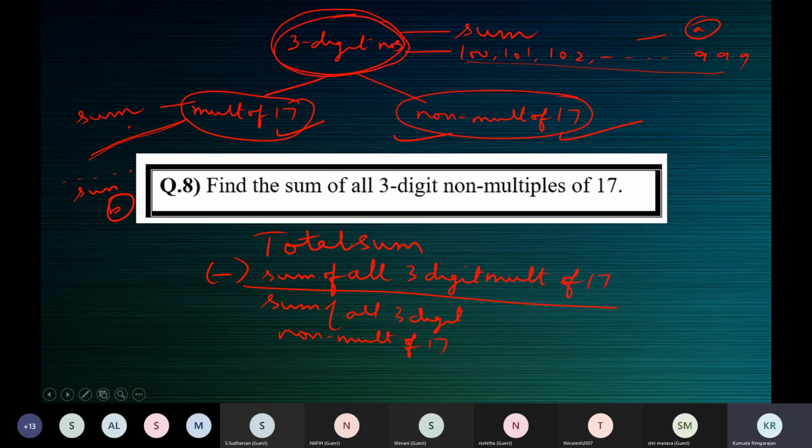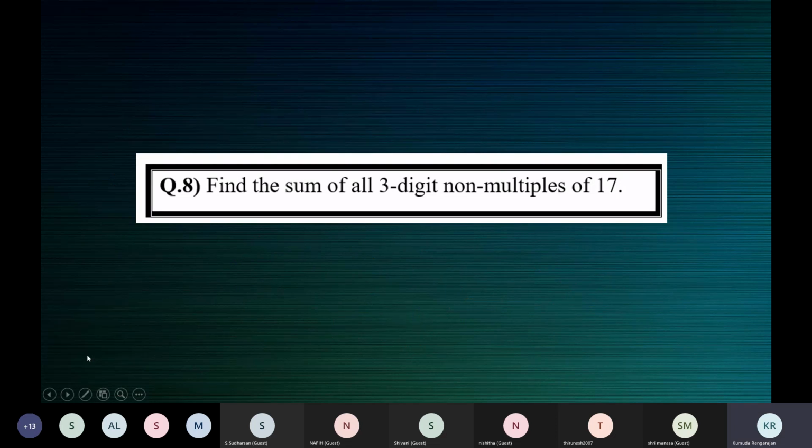Okay, let me repeat. So first we need to find the sum of all the 3-digit numbers.